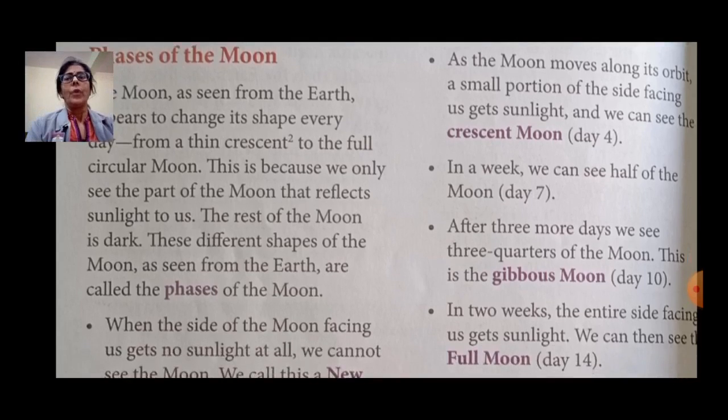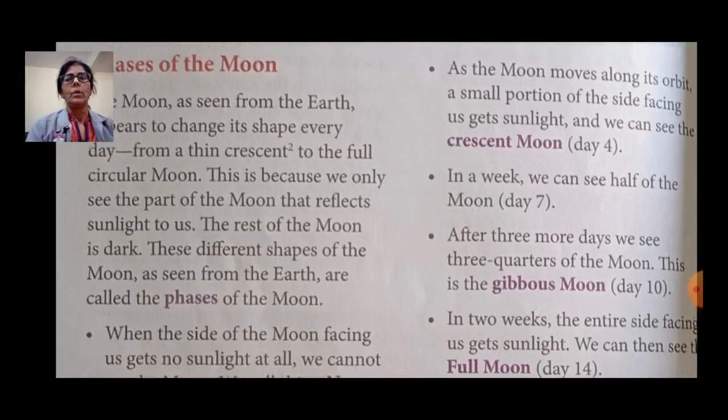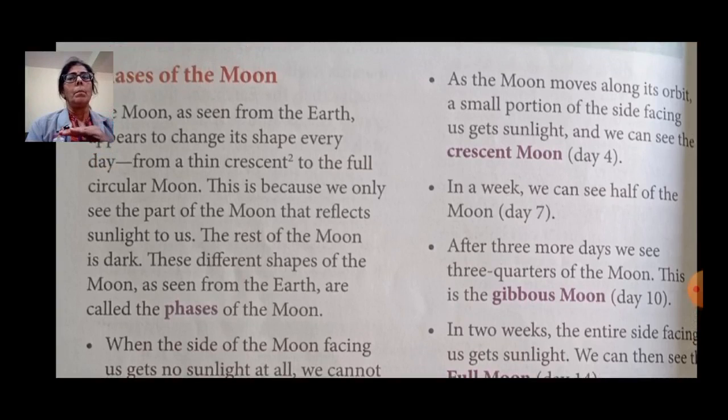So, from a thin crescent to the full circular moon. That means the moon changes its shape from the crescent to full moon. This is because we only see the part of the moon that reflects the sunlight. मून के जितने पार्ट पर सन रेज का रिफ्लेक्शन आता है, only that part of the moon we can see from the earth.